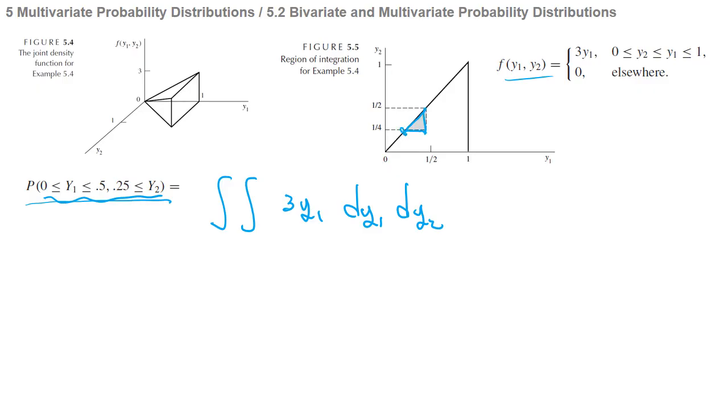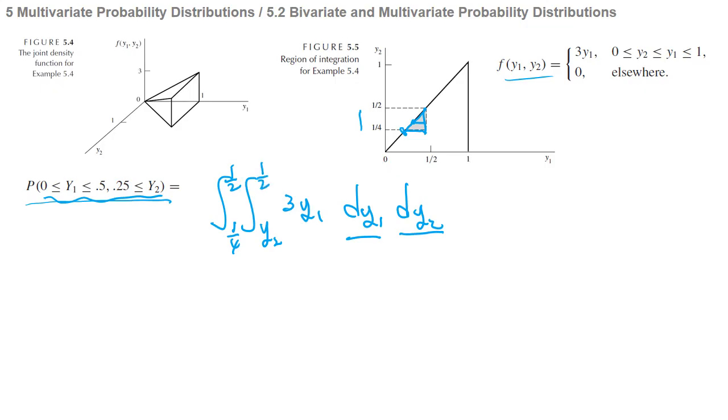So the integration is for part of Y2. Y2 is going from 1 over 4 to 1 over 2. And what about Y1? Y1 moves from here to here, so it is from Y2 to 1 over 2.